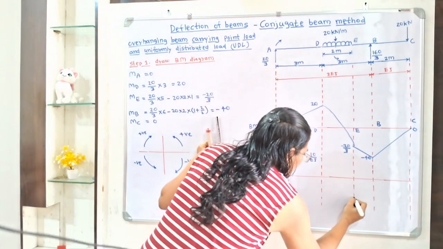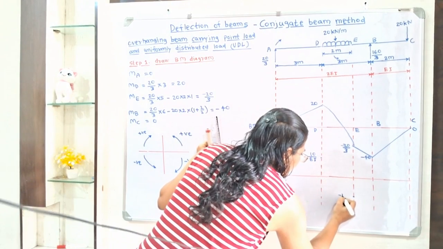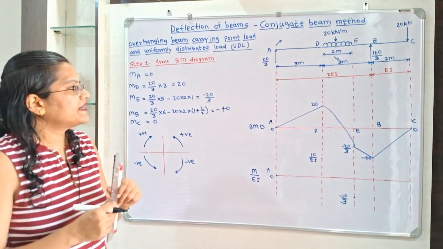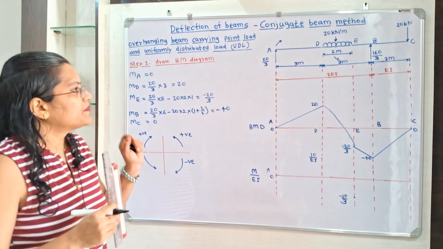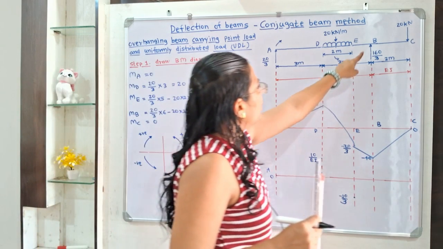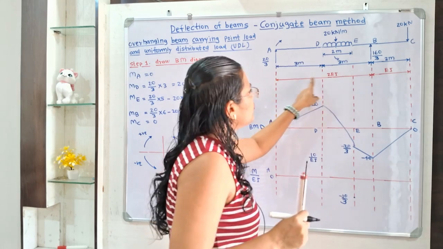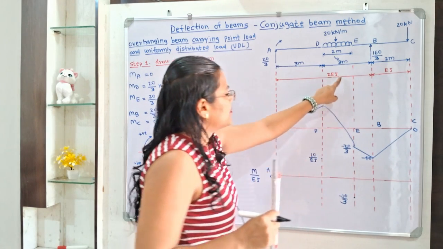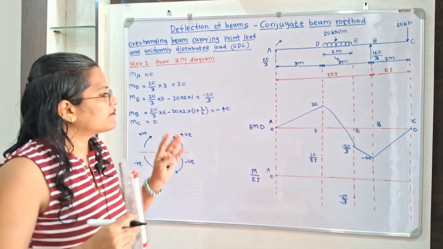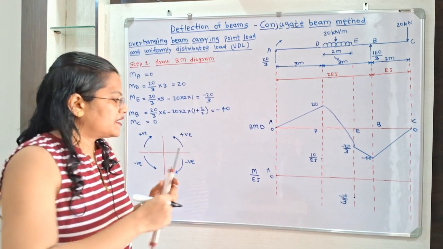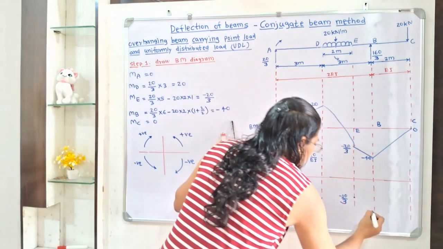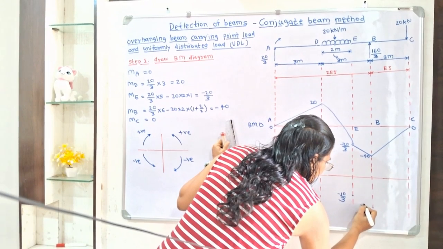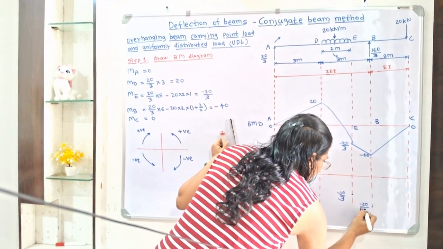So again I have to select here minus 10 by 3. And next is point B, which is minus 40. Point B is part of the 2 EI as well as the EI. So minus 40 divided by 2 EI is equal to minus 20 by EI. So I will select here minus 20 by EI.